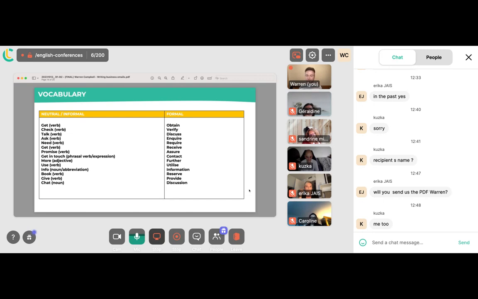Use, utilize, closer to the French there. Info, the abbreviation there, so make sure you're writing the words out in full, information. To book, the verb form, not the thing you read. To book a hotel room, to book a meeting room, it's quite good to say reserve instead. Give, provide, and chat, discussion.